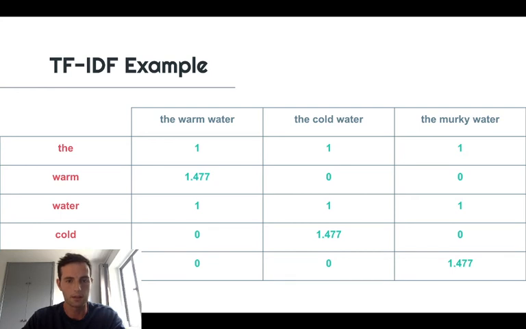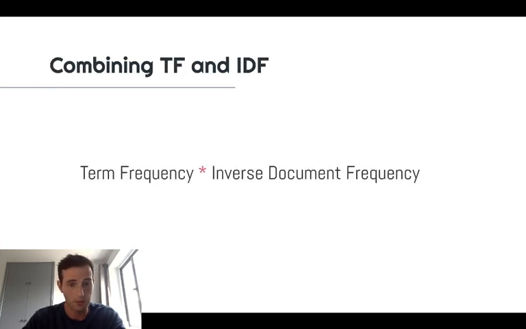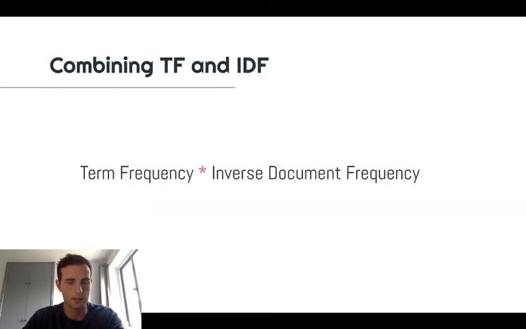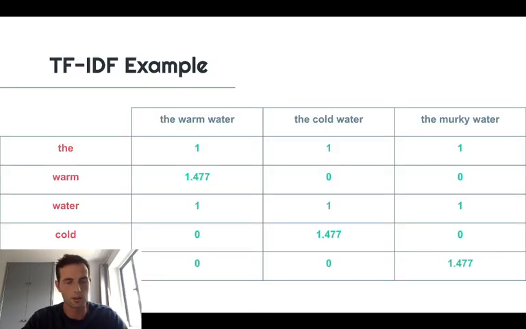It appears once, so let's go back to the formula. So the term frequency is 1. The inverse document frequency will be the number of documents, which is 3, over the number of documents that the term appears in, which is 3 as well. So I now have the log of 1, which is actually 0, but you'll see that mine comes out as 1, right? Why is that?